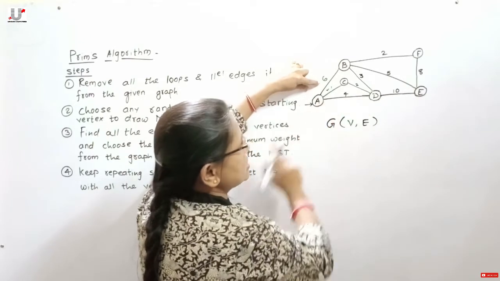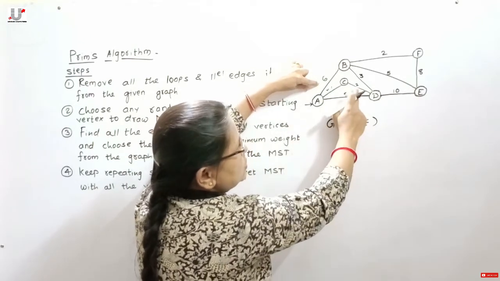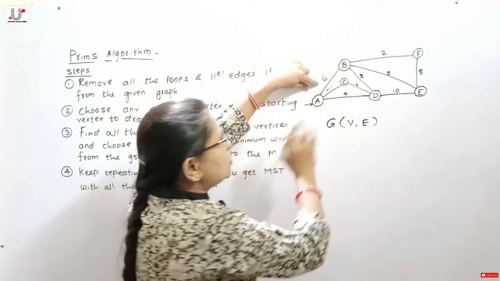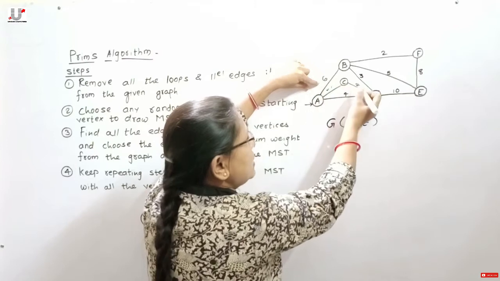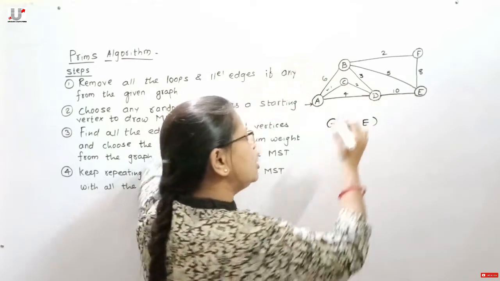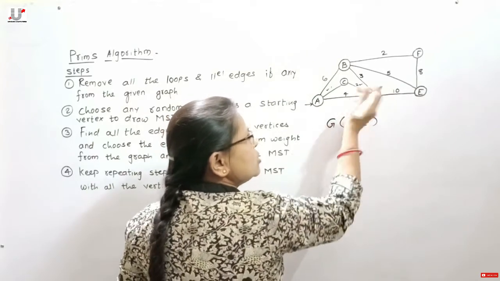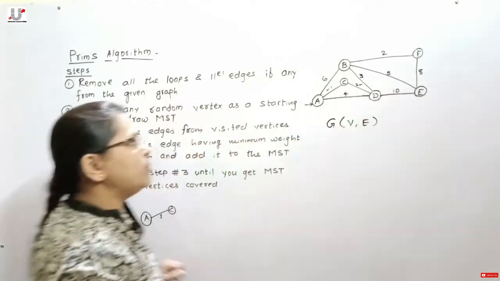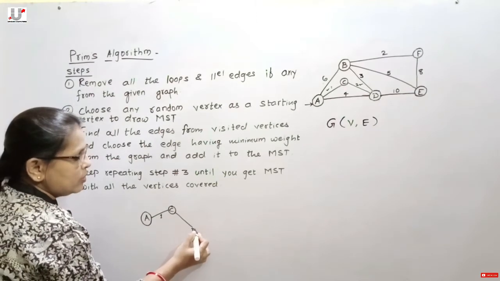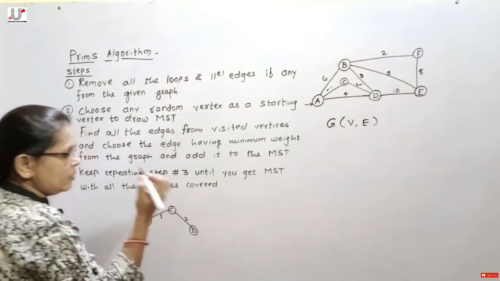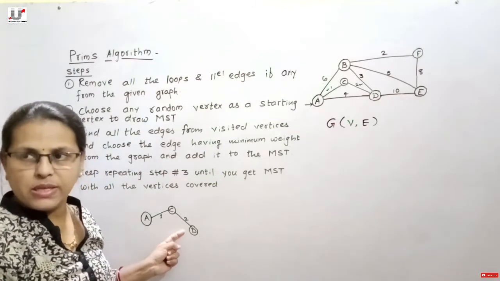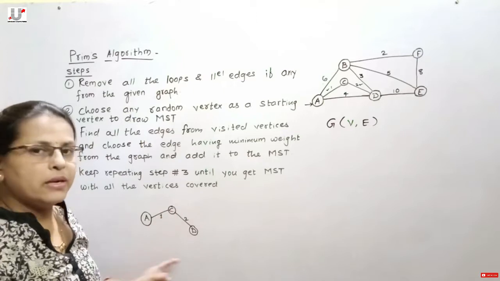These are the three edges, 6, 2 and 4, but the edge with weight 1 is already visited. So choose among these 6, 2 and 4. You have to choose the edge with minimum weight. So here C to D has the minimum weight, 2. So add that to the MST. But make sure that while constructing this MST, it doesn't contain any loop.